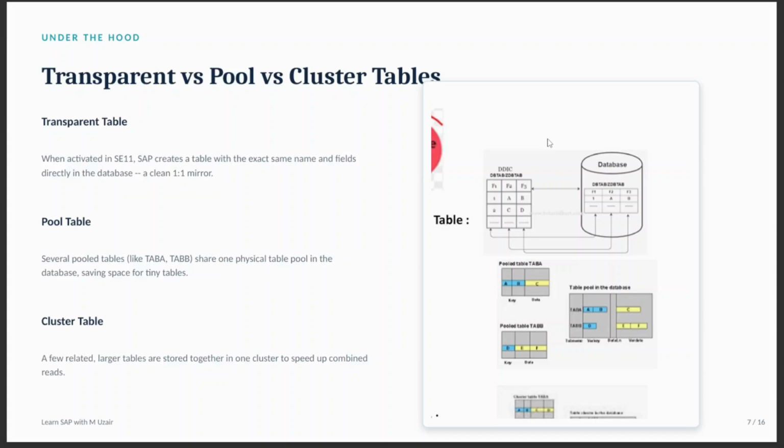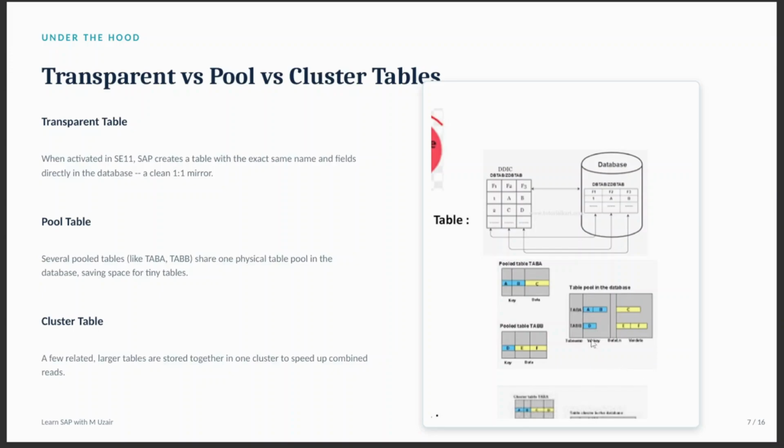In the pool table diagram, in the middle, you can see TABA. Tab A and Tab B are two different pool tables, but they physically live together inside one table pool in the database.